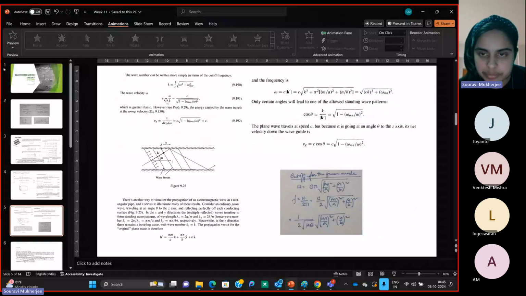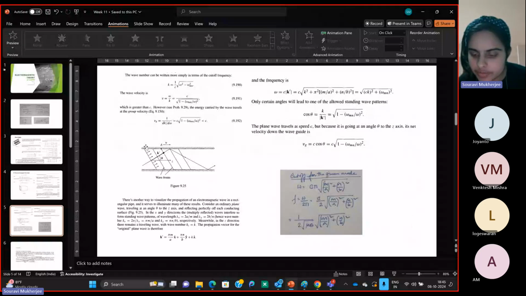When we normally define a wave impedance, we define it as root over mu naught by epsilon naught, right? Now you would have this additional term coming in because of your relation between the cutoff and your incident frequency.